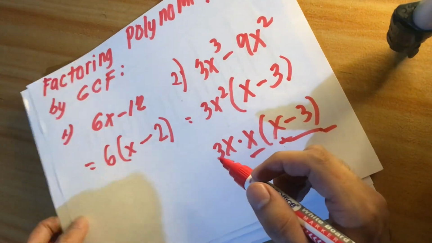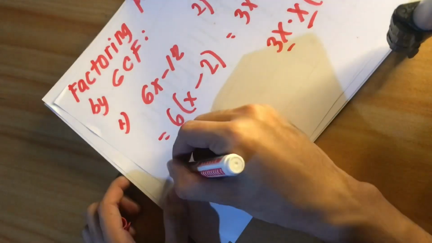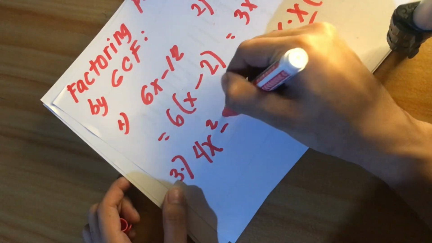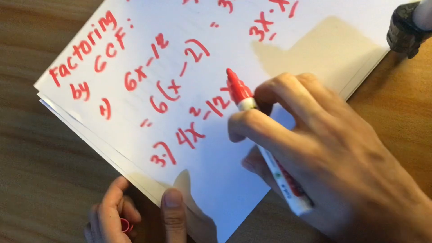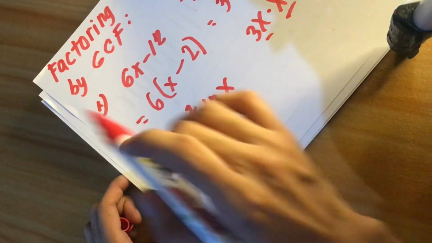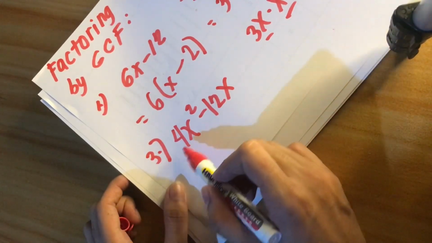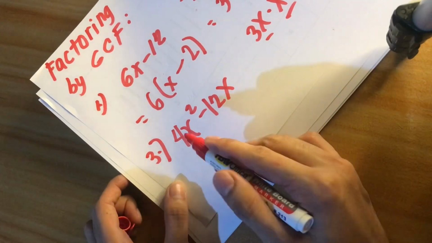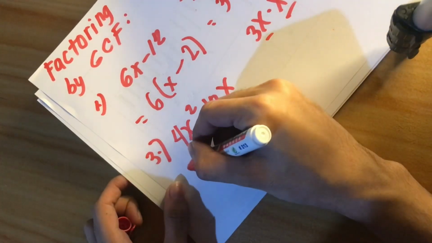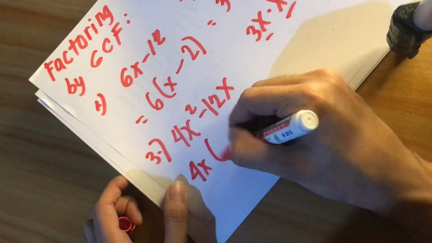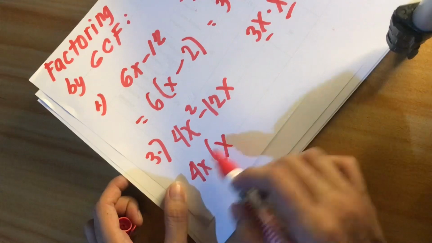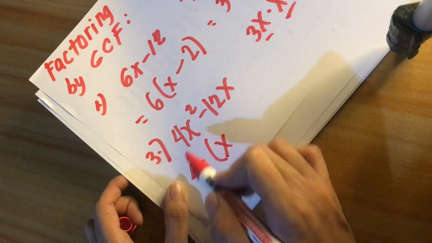Okay, so let's have an example number 3. So if we have 4x squared minus 12x. Okay, so by GCF, this number 3, meron silang GCF of what? Of 4x. So we have 4x. 4x squared divided by 4x, that is x. Diba? Kapag pinag-multiply natin to, that is 4x squared.